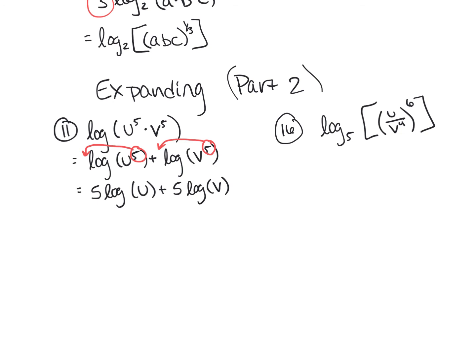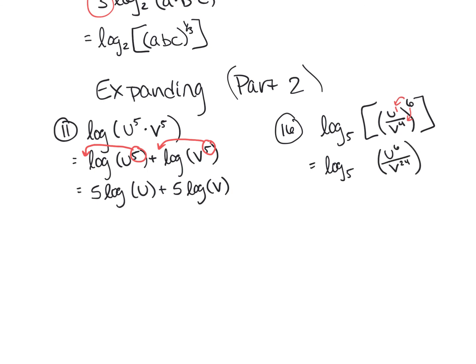We have the 6 here being applied to all of this, so I'm going to use my power rule and bring this 6 to multiply to this exponent down here, as well as to the exponent of u. So u has an exponent of 1, so make sure to multiply that there.